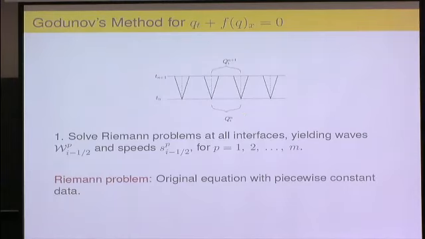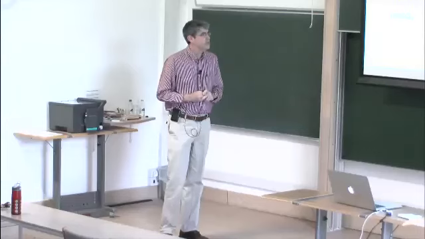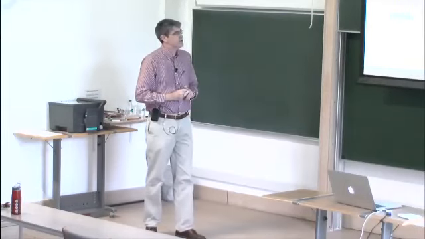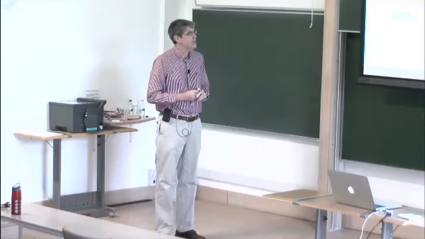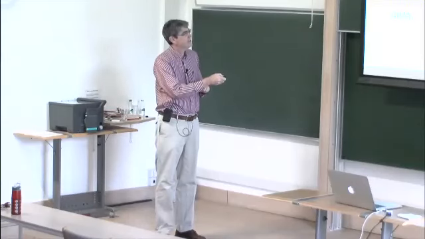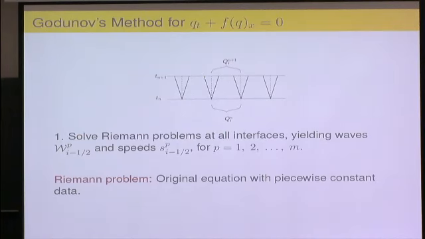And then as you evolve forward in time, if you start with piecewise constant initial data for a hyperbolic problem, what happens is that you simply get a set of waves that propagate away from the interfaces. So where you have a jump discontinuity in Q, that gives rise to a set of waves that propagate with finite speed in a hyperbolic problem. And in between these spans of waves, the solution remains constant until the waves arrive.